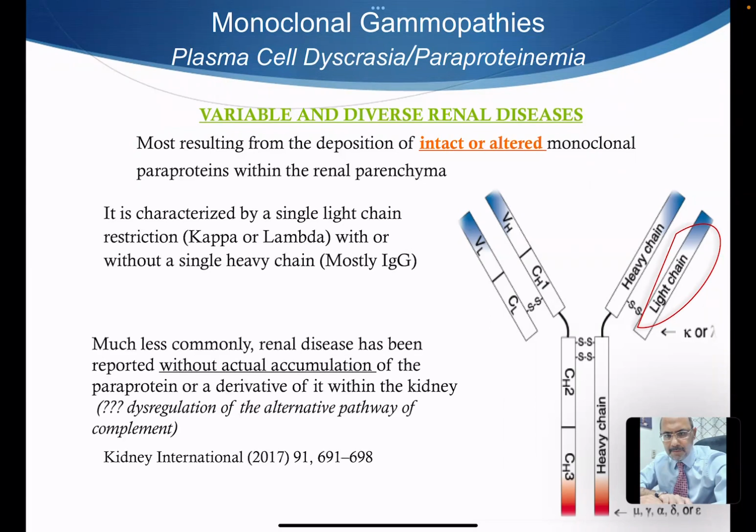And much less common, the renal disease is reported without actual accumulation of the paraprotein itself. And this even renders it more difficult in diagnosis and management, that you might not find the paraprotein. On the other hand, you might find the dysregulation of the alternative pathway of complement.